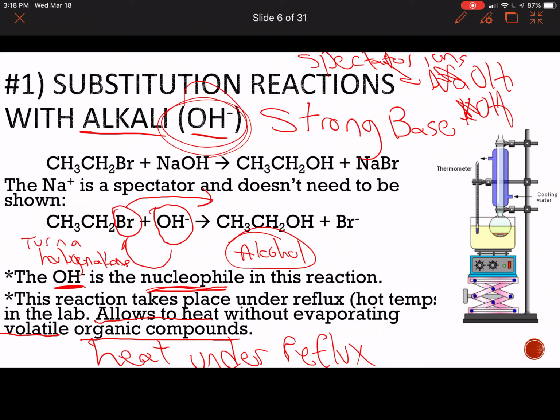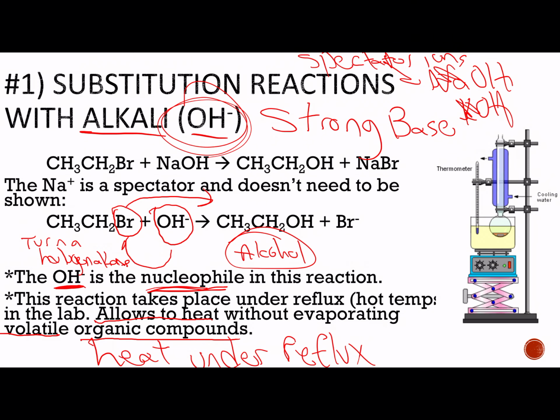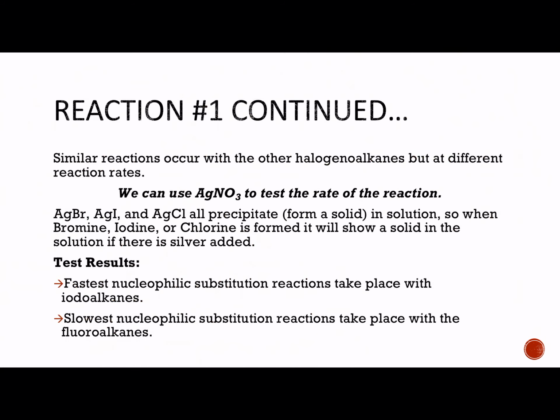It's kind of like a Goldilocks temperature where the molecule is heated enough to do the reaction, but you will not lose your molecule to the outside atmosphere. But you do need to know for substitution reactions, heat under reflux is the essential condition, so make sure to include that in your learning objective assignments.